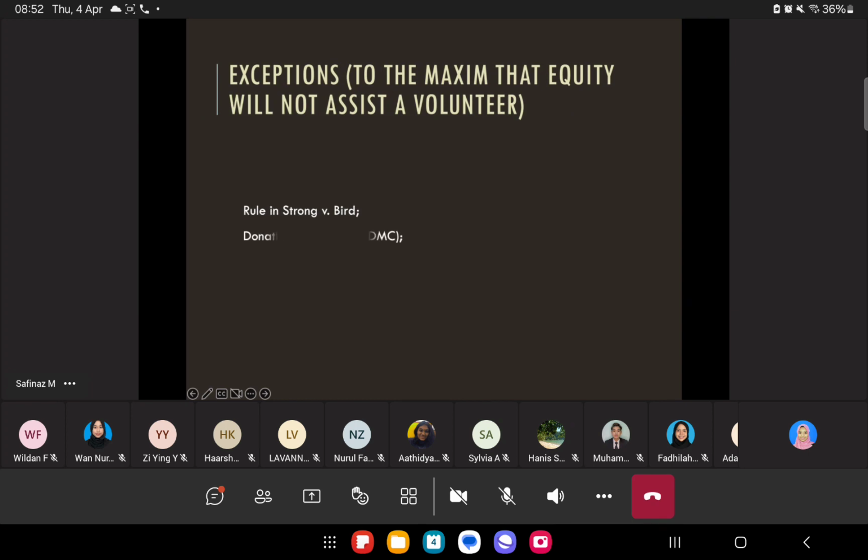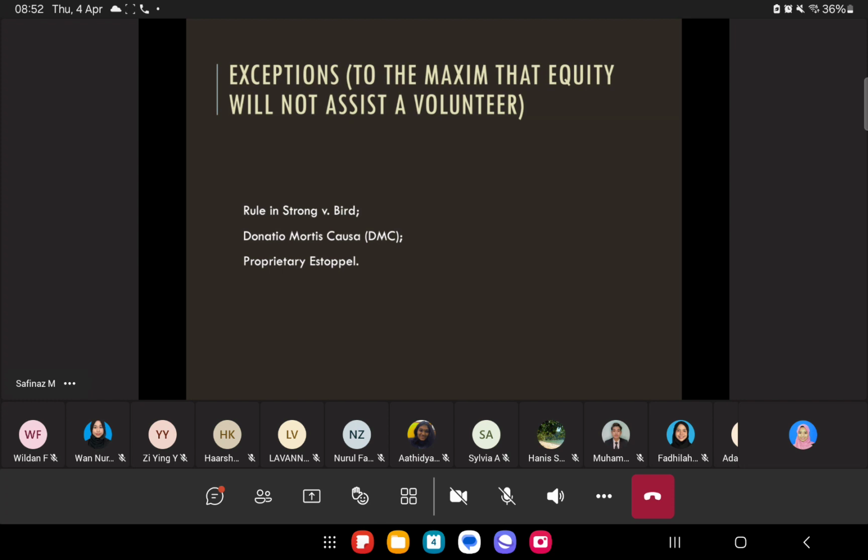Okay, so tadi kita dah lihat completely constituted trust, kita dah lihat who are volunteers. So, dan kita juga tengok maxim equity will not assist a volunteer. Okay, bila kita lihat maxim ini, when we refer to this maxim, there are exceptions to this maxim.